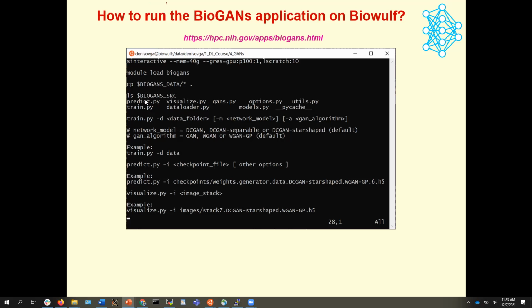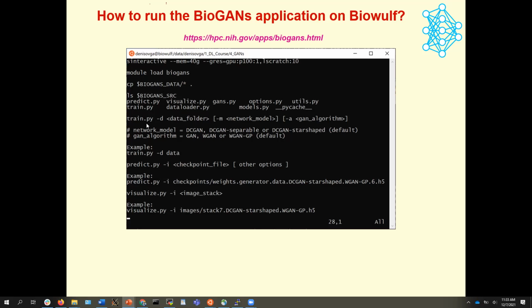And then there is a number of source files that you can look at by using this command. This environmental variable points to the source file folder. The simplest way to run the training procedure is just say train.py -d and the name of the data folder, which you downloaded from this folder.